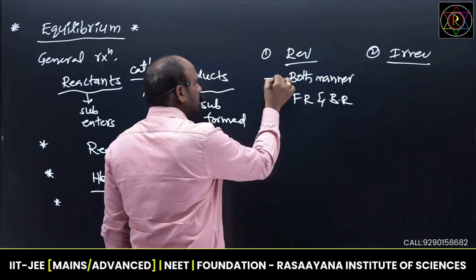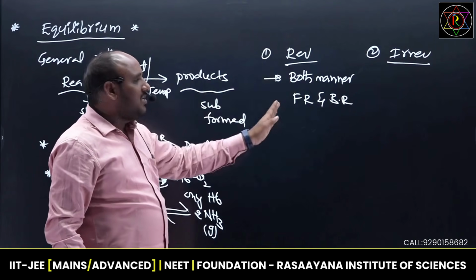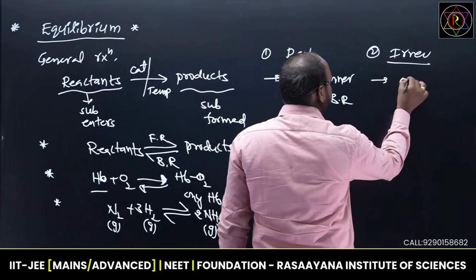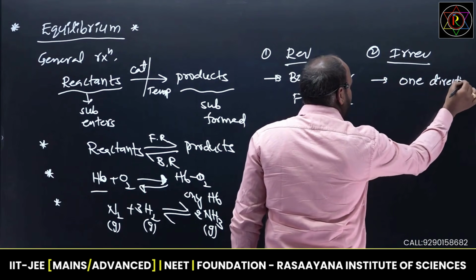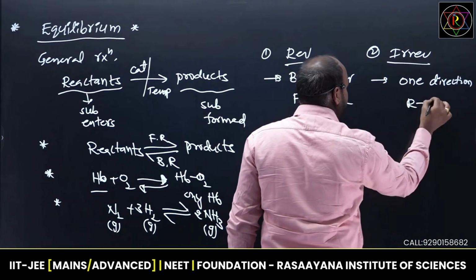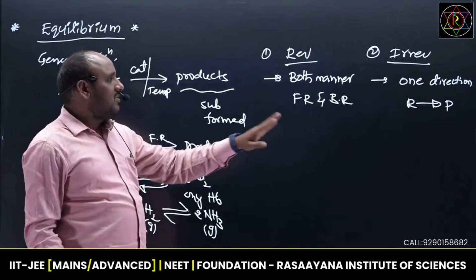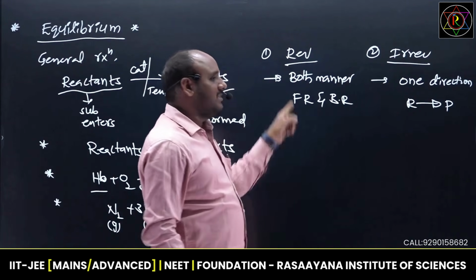We get the equilibrium condition in the case of reversible reactions. Irreversible means the reaction takes place in one direction only. Reactants are simply converted into products, and products do not come back to form reactants. That is irreversible, and this is reversible.